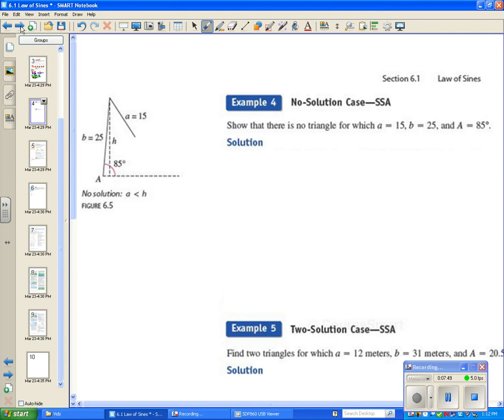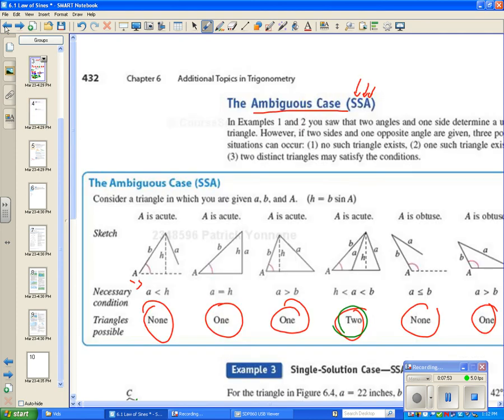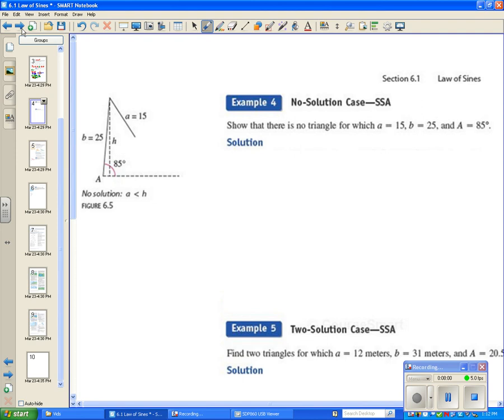All right, if we need to show that there is no triangle, there's a way to do it from the table, but like I said, I like to steer away from a bunch of memorization if possible and like to focus on understanding. So in this case, I'm actually going to set it up with law of sines, assuming that it could be a triangle. So if it could, then I have sine of 85 divided by the opposite side of 15, set equal to, let's assume for a second that this does complete a triangle.